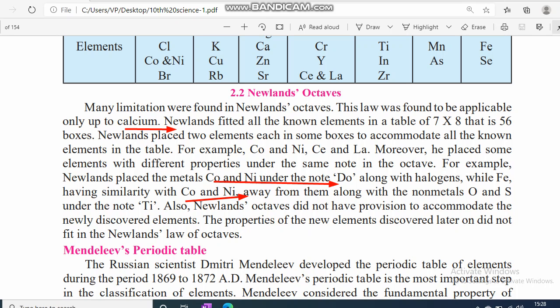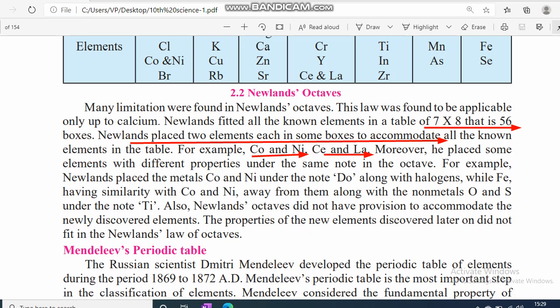So these are the limitations of Newlands' octaves. In short, we will revise them again. The first limitation is that when Newlands suggested this law, only 56 elements were known. Second, Newlands placed two elements in some boxes to accommodate all known elements in the table, such as cobalt and nickel, cerium and lanthanum in the same box.